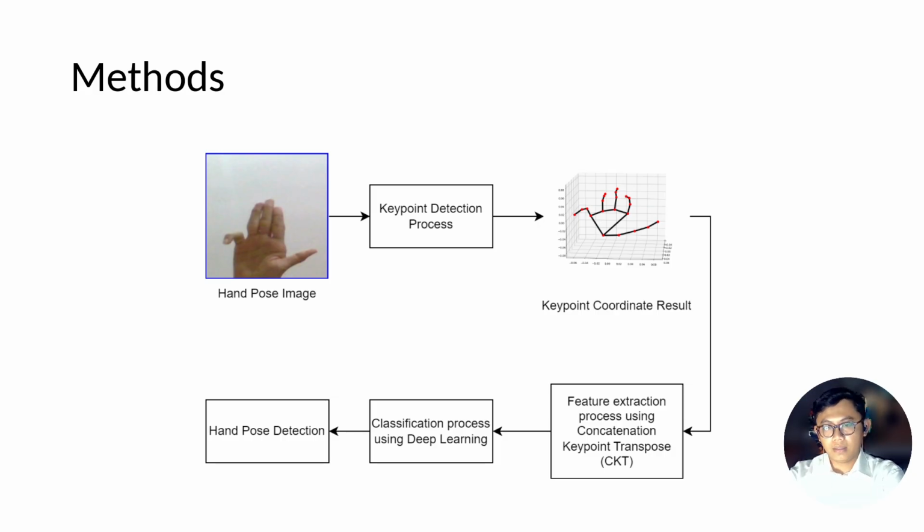We call it the key point coordinate results, and then using those results, the feature extraction process uses the concatenation key point process, or we call it CKT. After the feature extraction process, the next process is the classification process using deep learning, and then we have our system called hand pose detection.